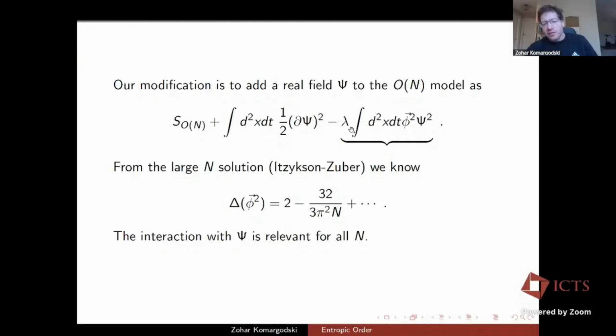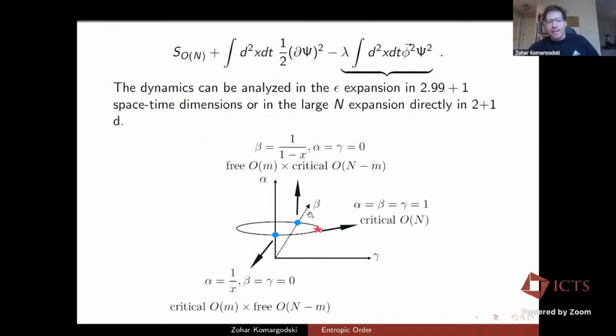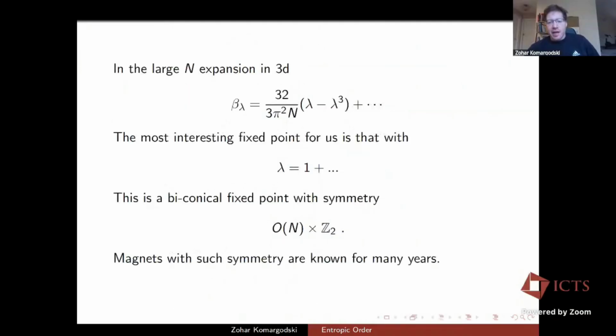And it turns out that this coupling is relevant. So there is some renormalization group flow to some possibly new fixed point. How do we know that this coupling is relevant? We know the scaling dimension of this composite operator phi squared, and therefore we can calculate at very small lambda the beta function for lambda. And using the result of Itzykson-Zuber for the scaling dimension of this composite, we can find that it's indeed slightly relevant. So I'll show you the diagrams.